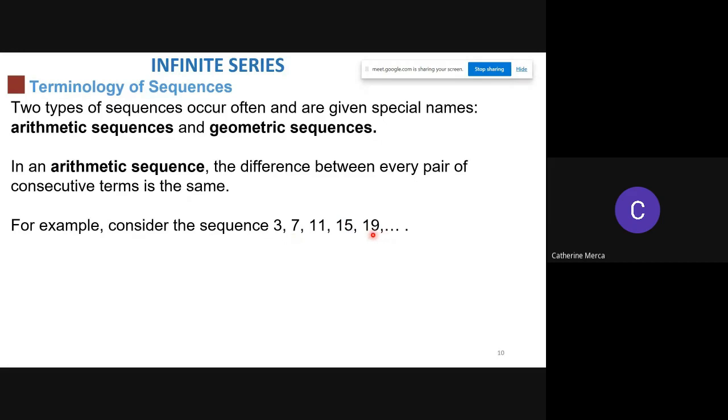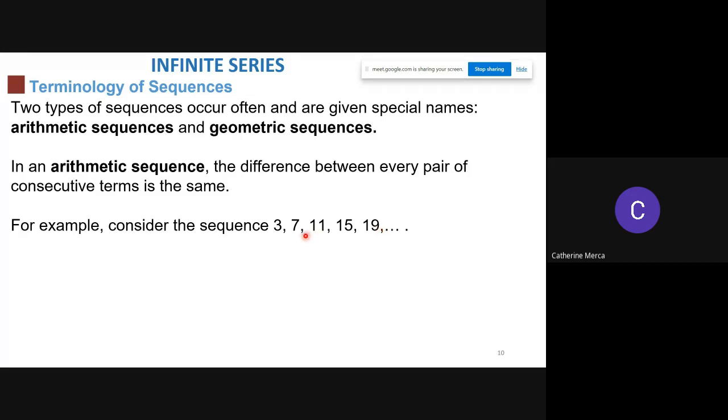So after 19, what's the next term? 19 plus 4 will give you 23.